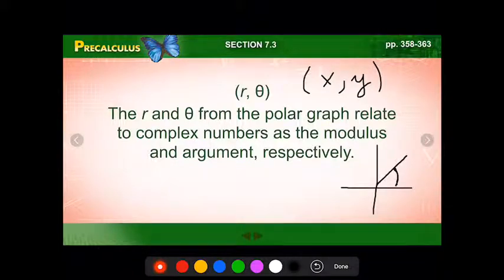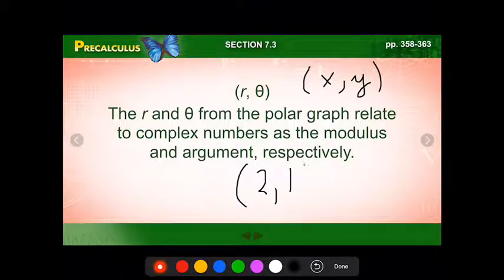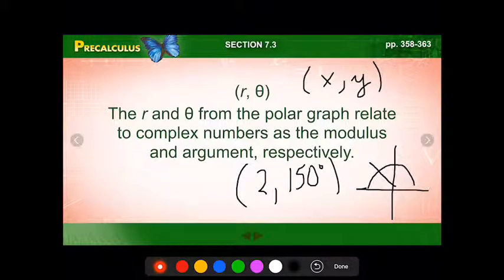I'll give you an easy one here. If the polar graph gave you the polar coordinates of, I don't know, 2 and 150 degrees, well, the 2 is the length of the hypotenuse. It says 150, so hopefully y'all understand that's in the second quadrant, because here to here is 90, all the way around is 180.